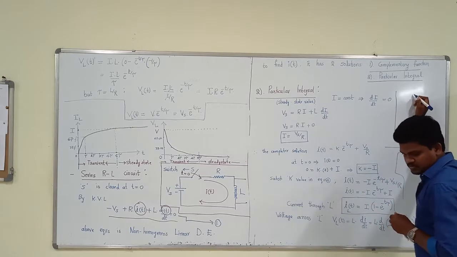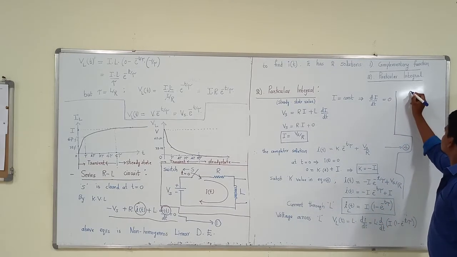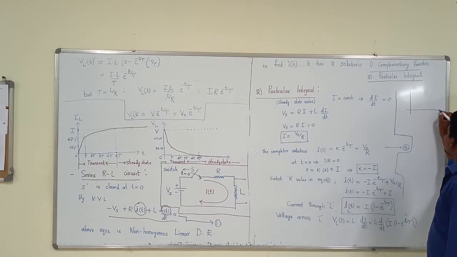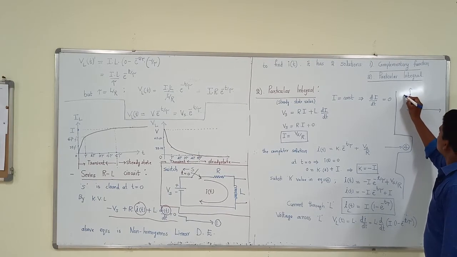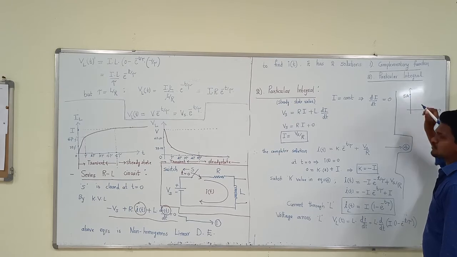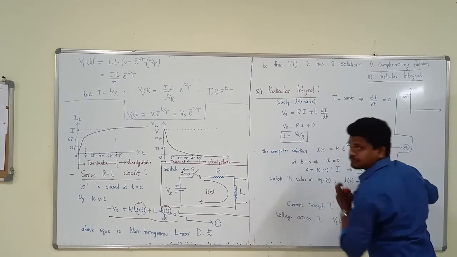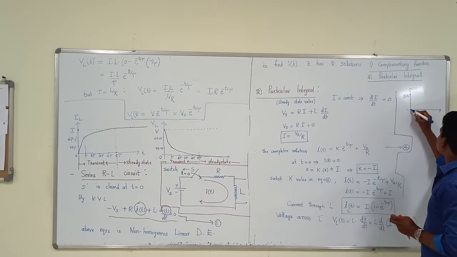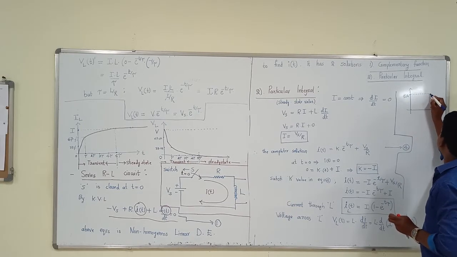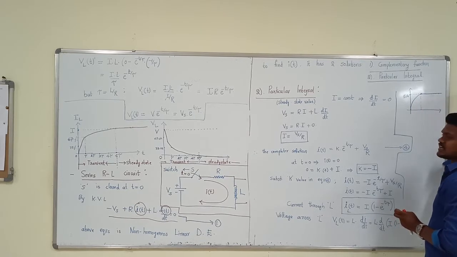So the difference between transient and steady state is like this. When the switch is suddenly turned on, suppose in a circuit 5 amps current will be flowing, and it consists of an inductor. It does not directly reach 5 amps. It will take some time to reach 5 amps, and after some time it will be constant.